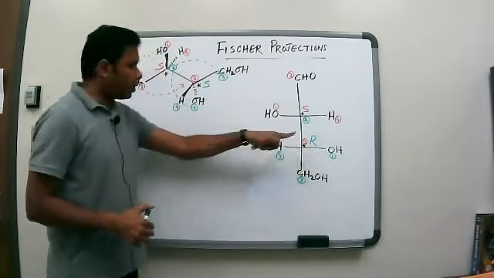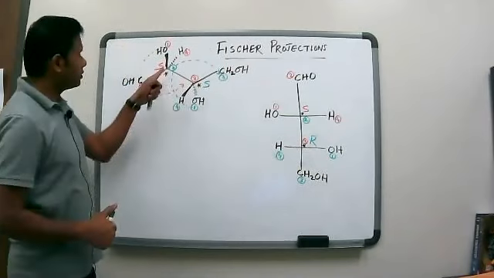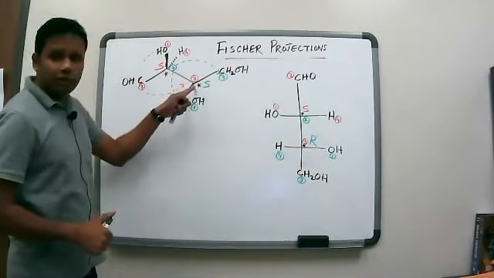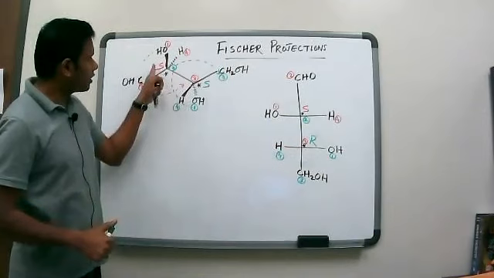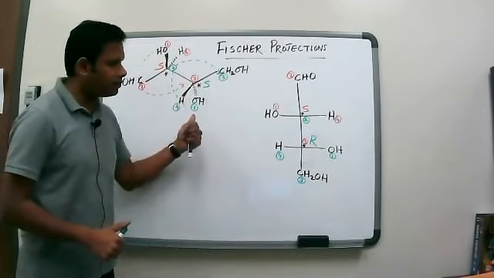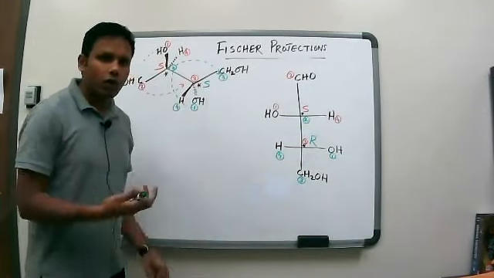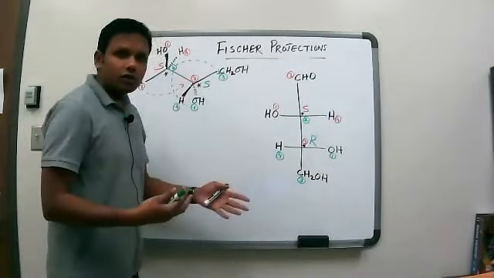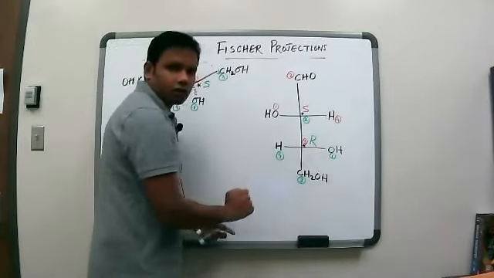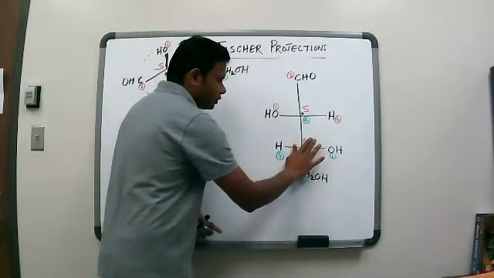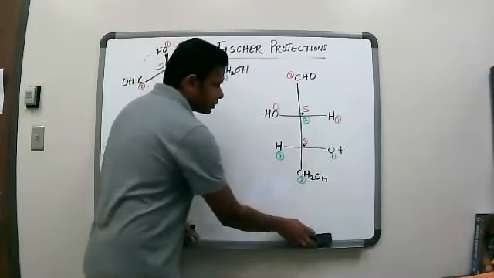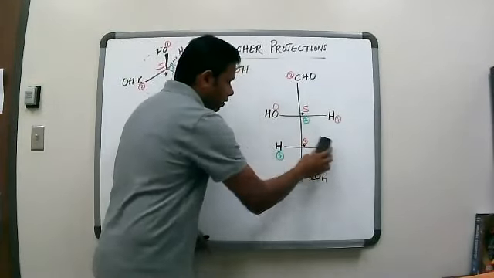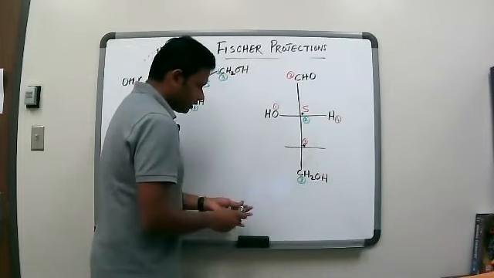But this is not where we started, because we started with a wedge and dash picture where both chiral centers were of the S configuration. So what we have here is wrong. And so with Fischer projection, the good thing is if you get to the wrong configuration, all you have to do is swap 2 groups and essentially swap the 2 horizontal groups, and it would basically fix it for you.